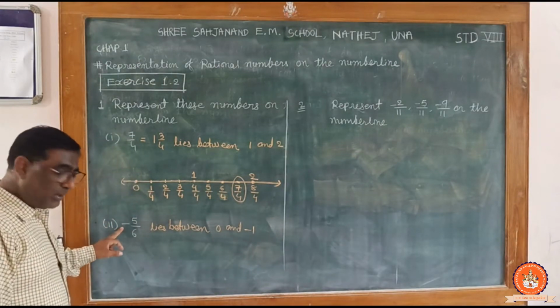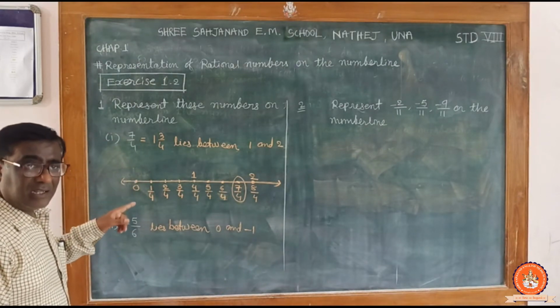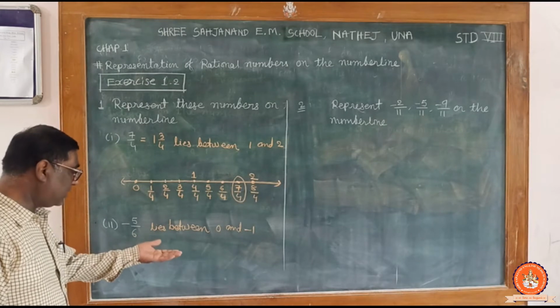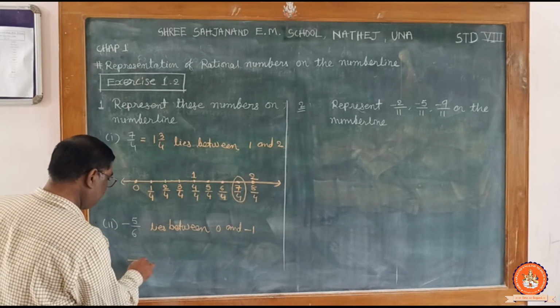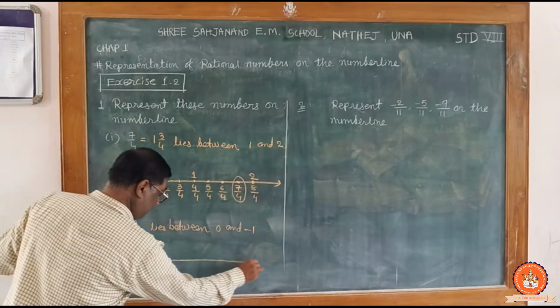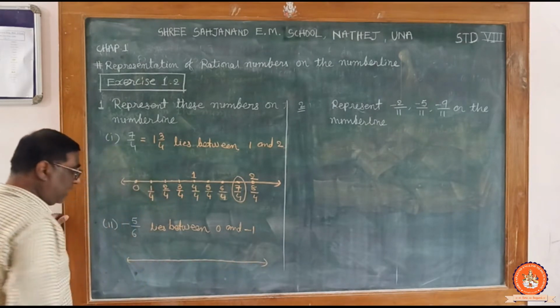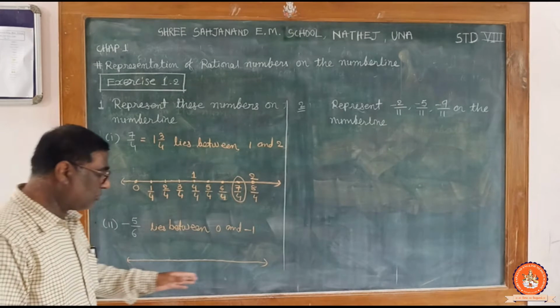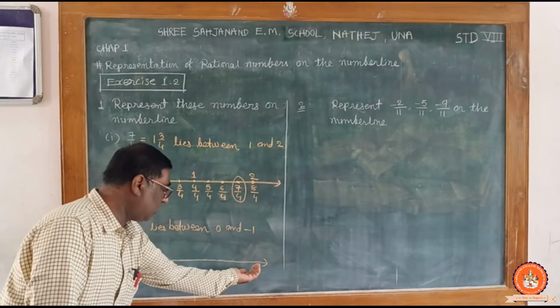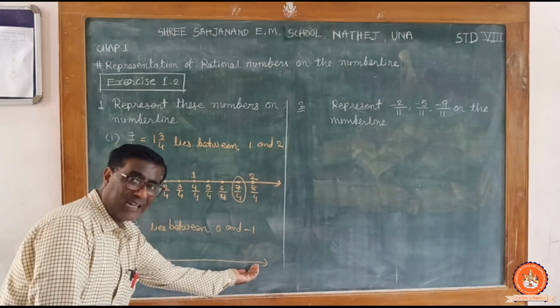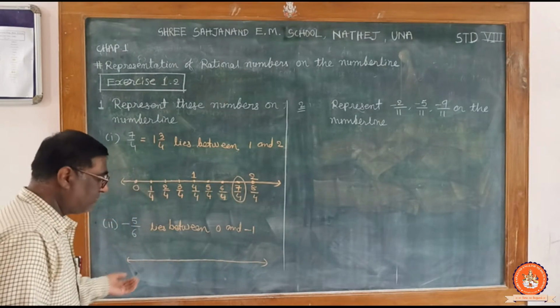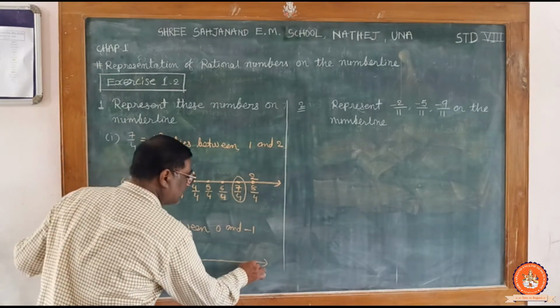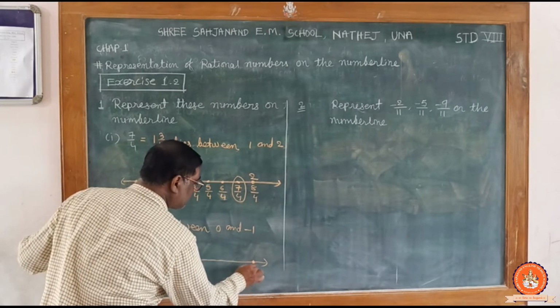Moreover, it's a proper fraction. So it lies between 0 and minus 1. So being a negative number, we have to start with 0 and go to the left hand side. Okay. So here we will start with 0.